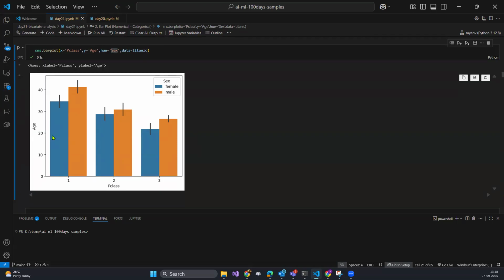So here also we are able to see that totally it was going beyond 50 and 60 of age. Near about 40 of age we were having in class 1, and up to 35, mostly 35, we were having in class 2. Okay. And similarly, this distribution for class 2 and class 3 as well.